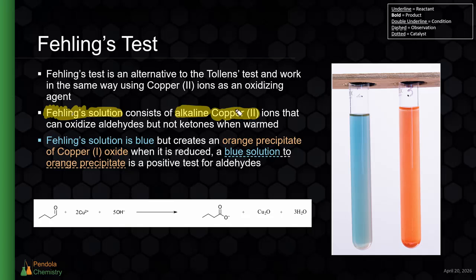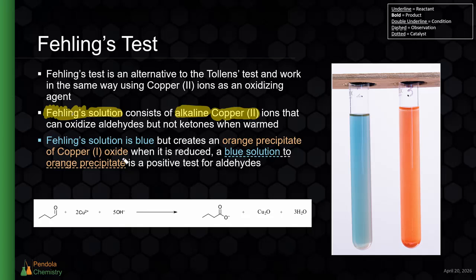And that copper 2 ion can be reduced to copper 1. Because that copper 2 can be reduced into copper 1, the aldehydes can be oxidized into carboxylic acids, whereas the ketones cannot, just like with the Tollens test.